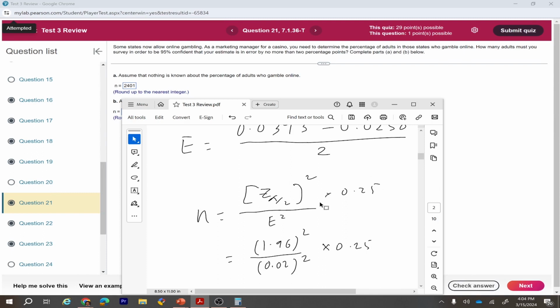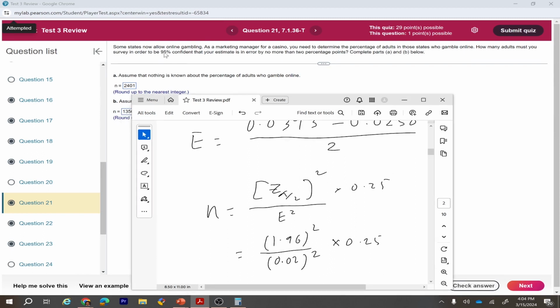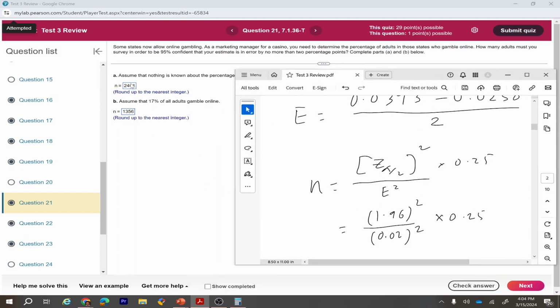For a 95% confidence interval, you can find the z-score, which is 1.96, using the normal calculator, because alpha is 5%, alpha over 2 is 2.5%. The margin of error is 2%, which is given, so divide this by this, square it, and multiply by 0.25. That's going to give you this number.